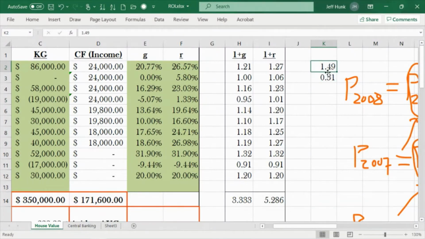Can you tell me what's the difference between these 2 numbers? Can anyone tell me? Anyone? Come on, it's easy.